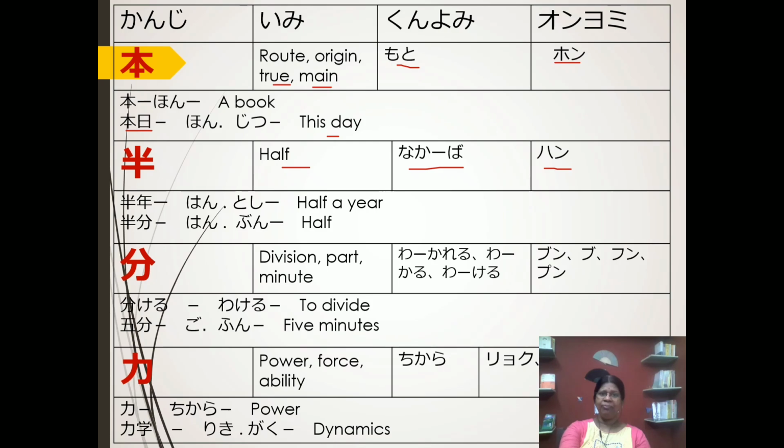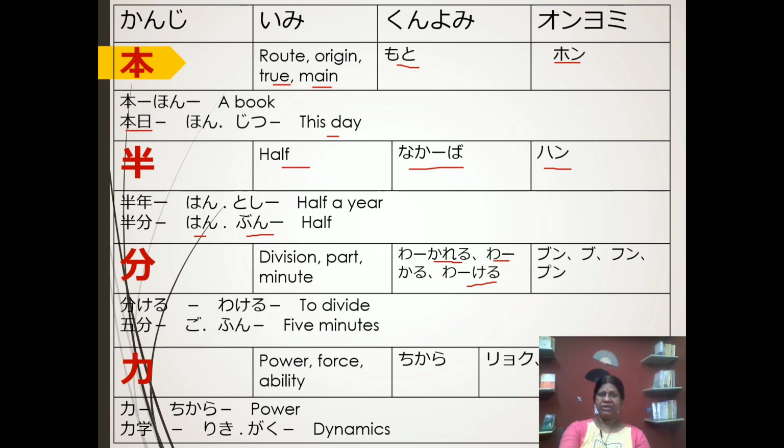Hantoshi, half a year. Hanbun, half. Meaning of this kanji: division, part or minute. Kunyomi wakareru, wakaru, wakeru. Onyomi bun, bu, fun, pun. Wakeru, to divide.